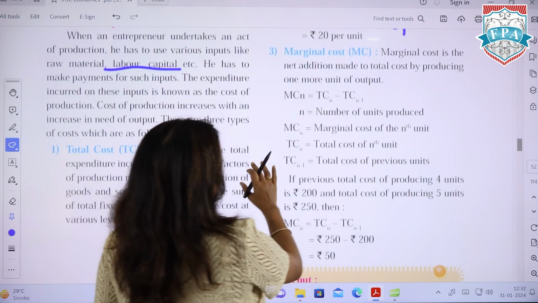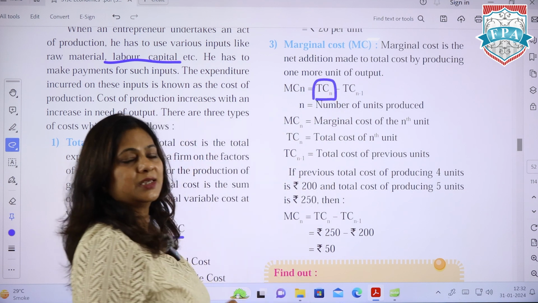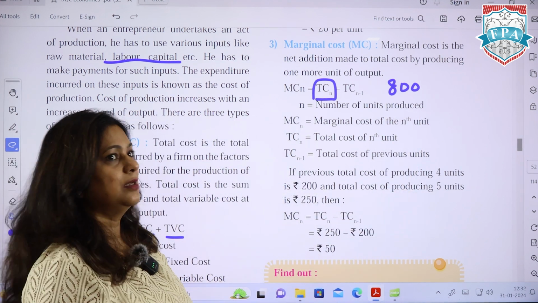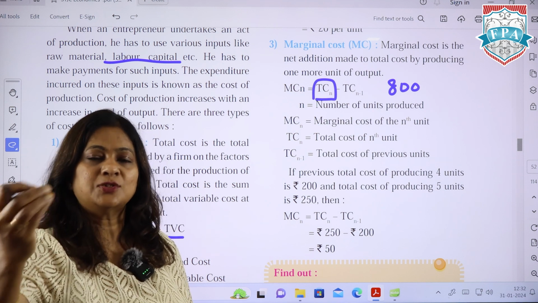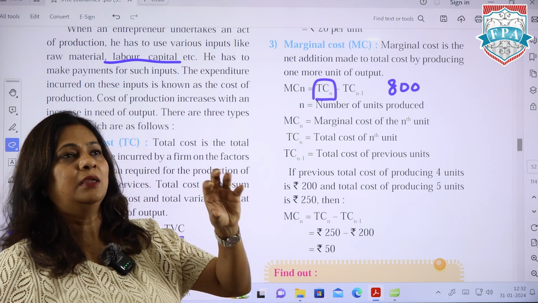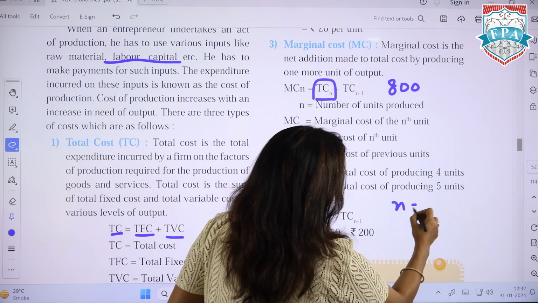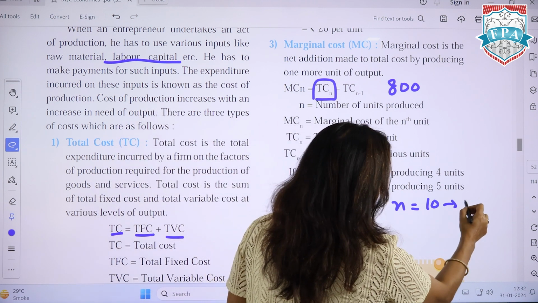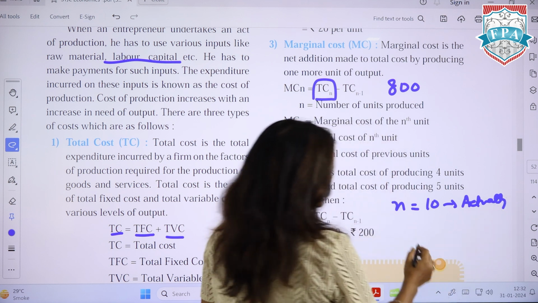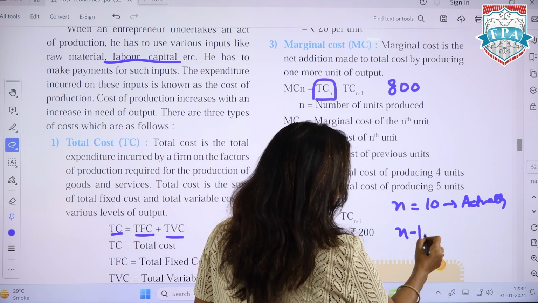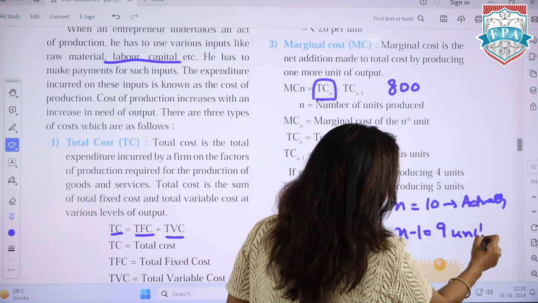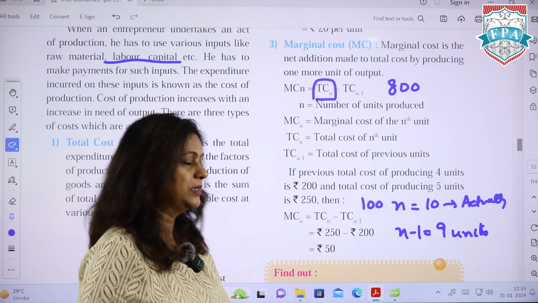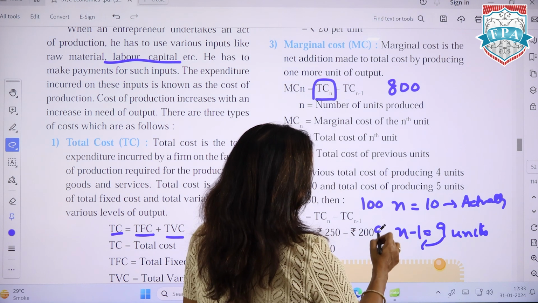So if the total cost of n units is, let's say, 800, and the total cost of producing n plus 1 unit... let me put it like this, n units is 10. Now you have actually produced these units and want to supply them. You need to know what you were producing earlier, n minus 1, how many? You were producing 9 units. So if the total cost of producing 10 units is, let's say, 100, and I tell you the total cost when you were producing 9 units was 90.